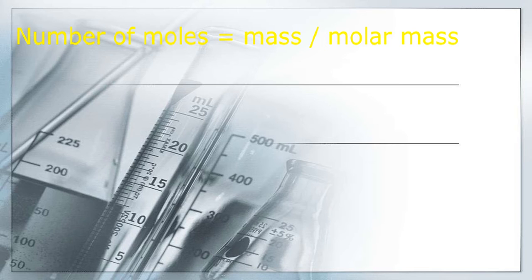We have here our rule: number of moles equals mass over molar mass. Okay, we are given that the mass of copper is 12 gram and its molar mass is 63.5 gram per mole.